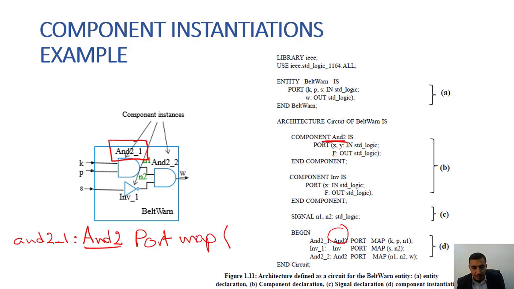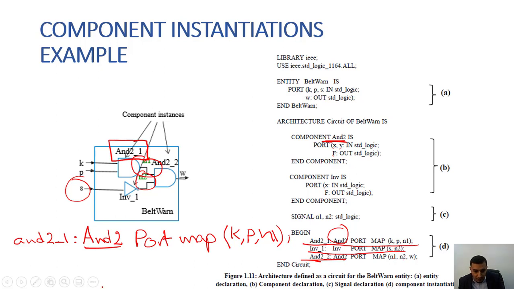So in port map, K is mapped for X. P is mapped for Y. N1, which is a signal over here, is mapped for my F. So this is the line declared over here. Same applies for the inverter, which is mapped S, N1, and the final one, which is N1, N2, for the second and2.